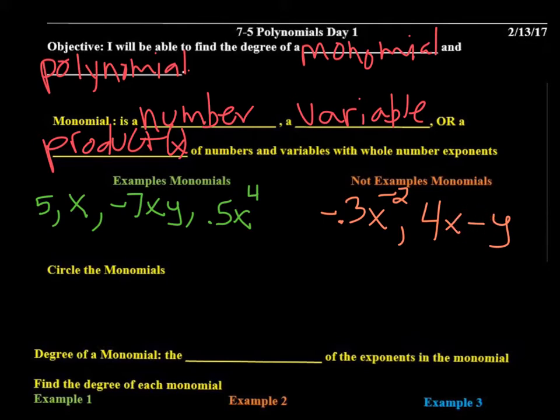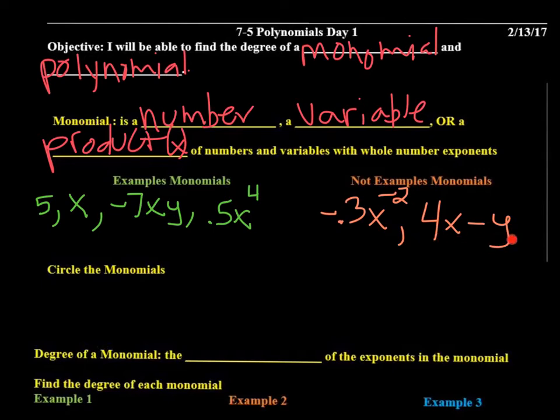A monomial can only be a single term, like just a number, just a variable, just a whole term with products, or a term with just an exponent. We cannot have any addition or subtraction or anything between the two monomials here.